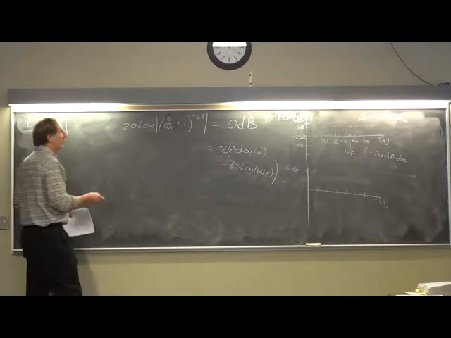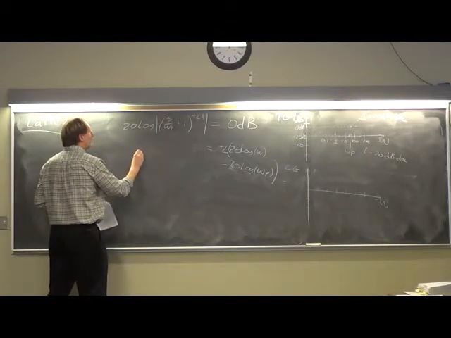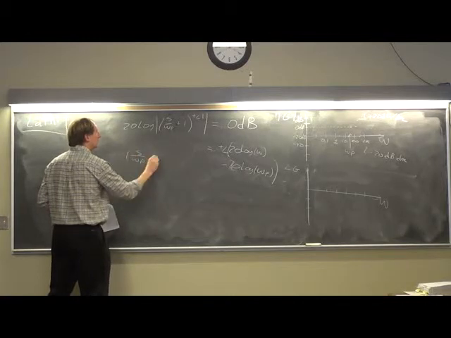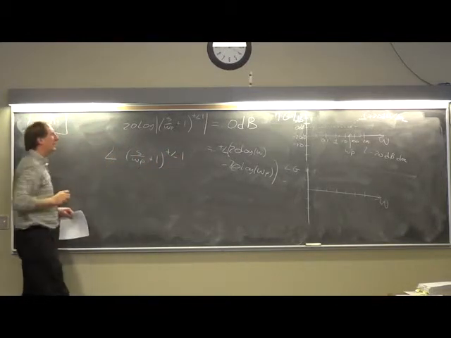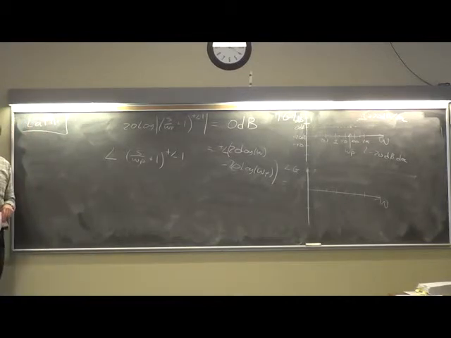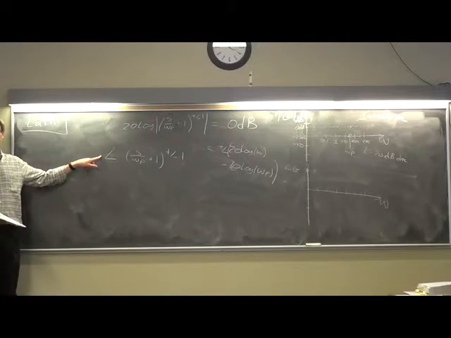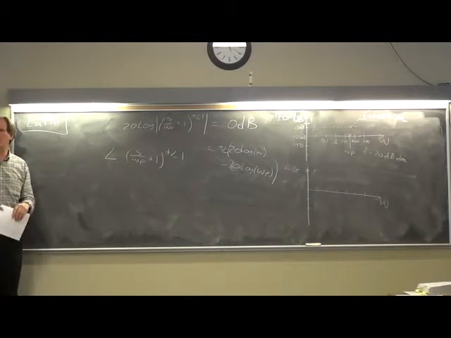Okay, again, we're thinking about s divided by omega p plus 1 to the plus or minus 1, and we're thinking about the angle. What's the angle of this at really low frequencies? Angle 0. What's the angle of this at really high frequencies?